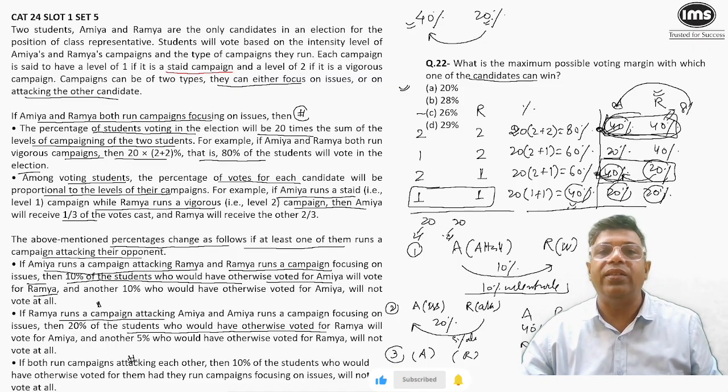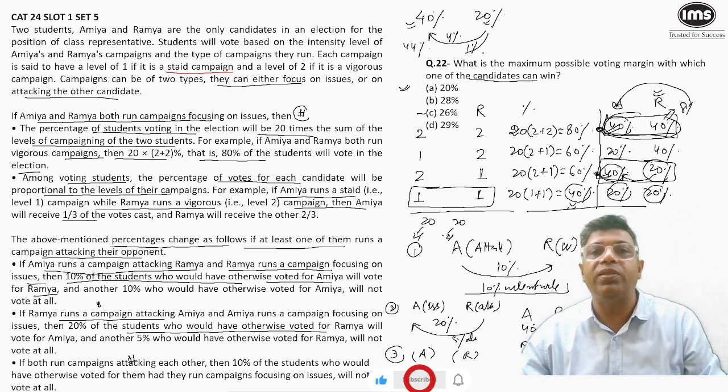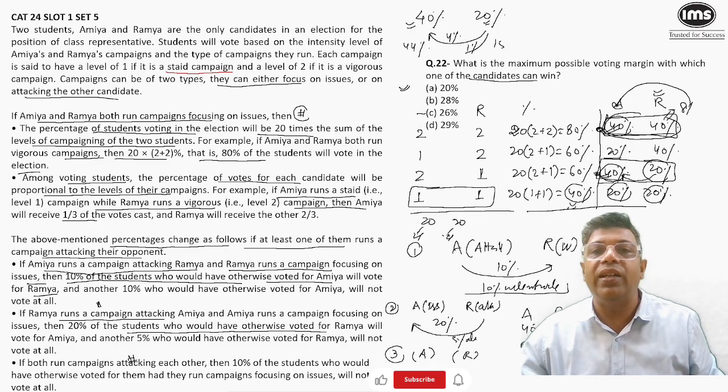So in that case, 4% of Ramya's vote will switch to Amya, so it becomes 44%. And here 1% further, that is 5% of the 20%, that is 1% will not vote. So in that case, this candidate will get 15% vote.